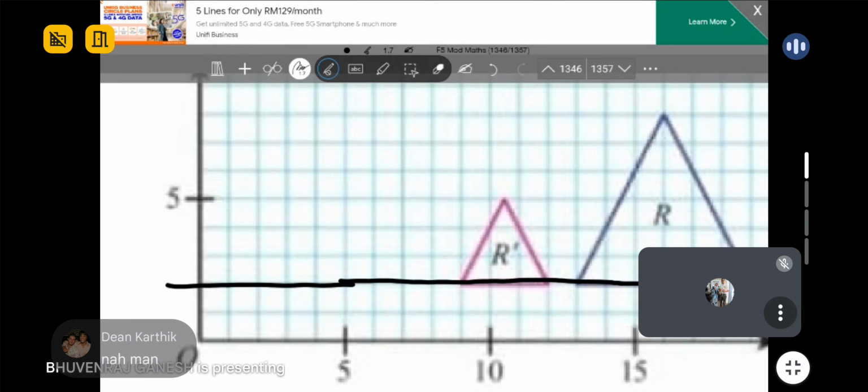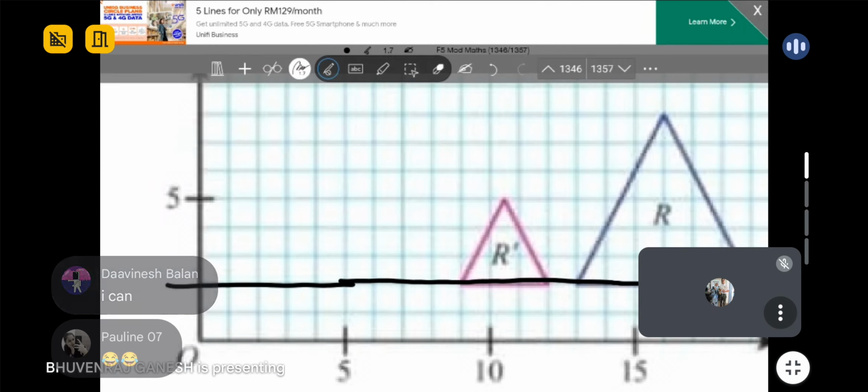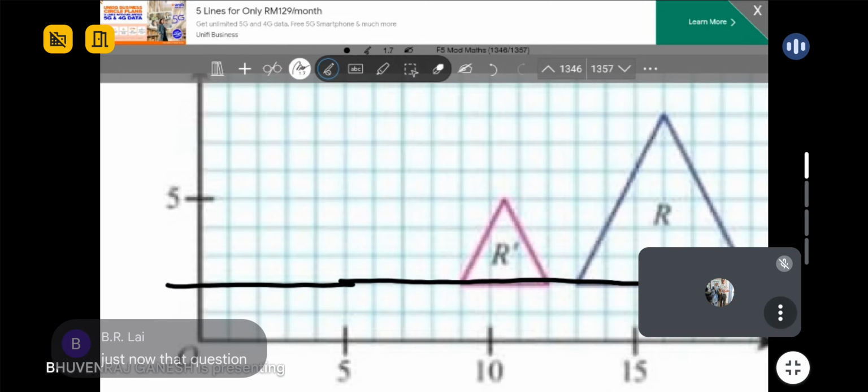Can or cannot? Can? Wow. Even I cannot, guys. I cannot. I must draw the line. Oh, so you have a special mind. An imaginative mind.